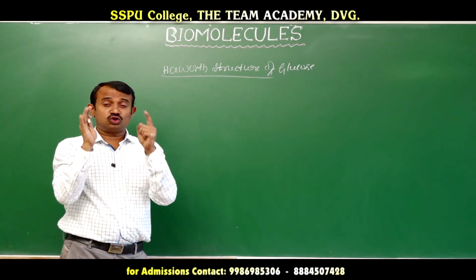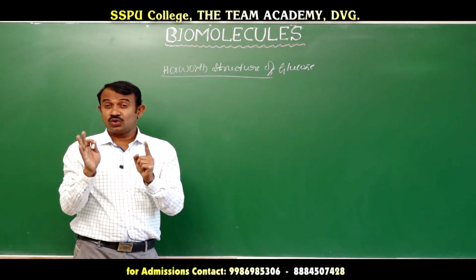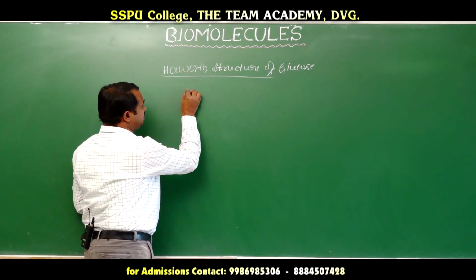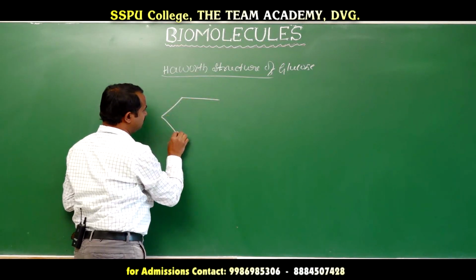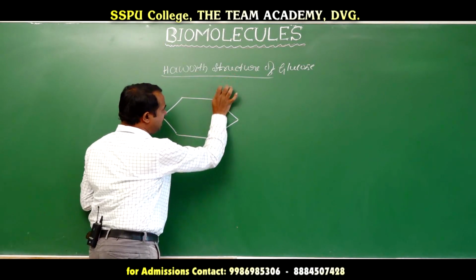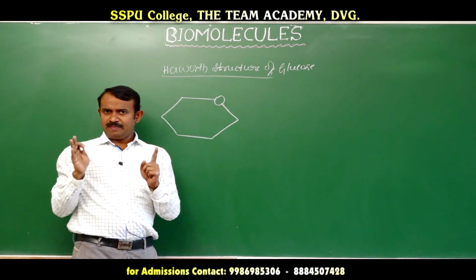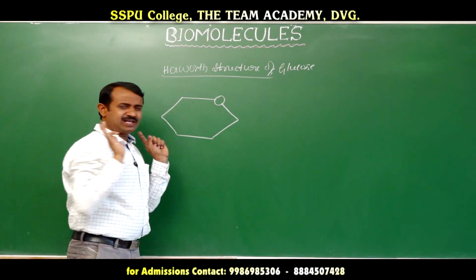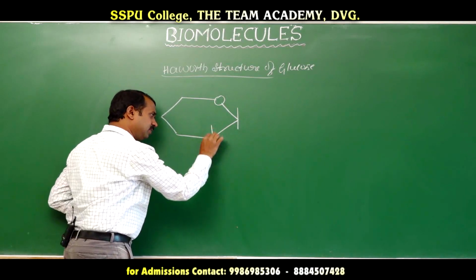Just keep in mind, you should write it as a pyran structure. Pyran structure means this is a pyran structure. Here is the oxygen atom. You should remember. How to write the pyran structure, each carbon here.